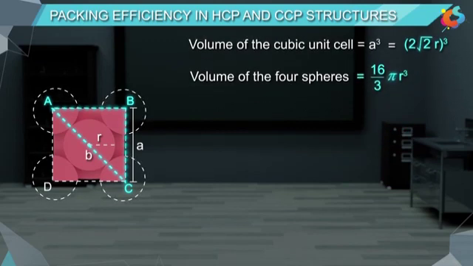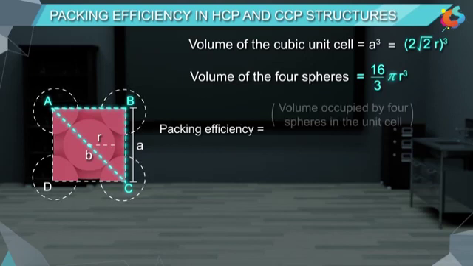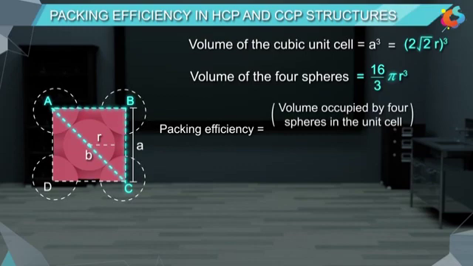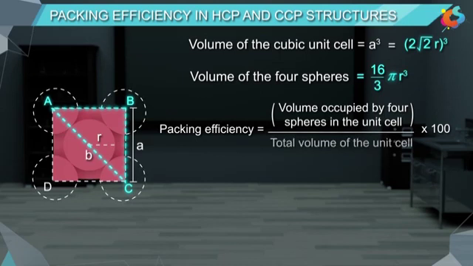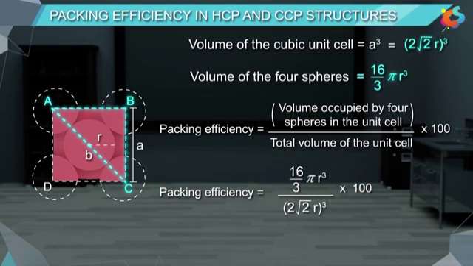Now let us calculate packing efficiency. Packing efficiency is equal to volume occupied by 4 spheres in the unit cell into 100 by total volume of the unit cell percentage. Packing efficiency is equal to 16 by 3 pi r cube into 100 by 2 square root of 2 r raised to whole cube percentage.